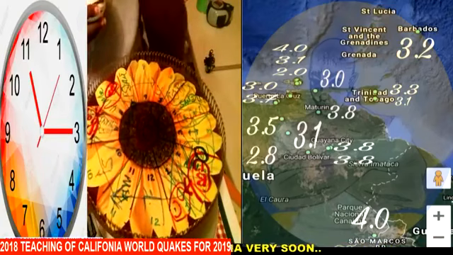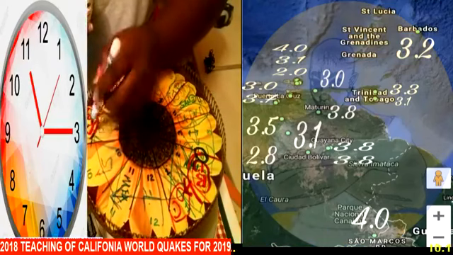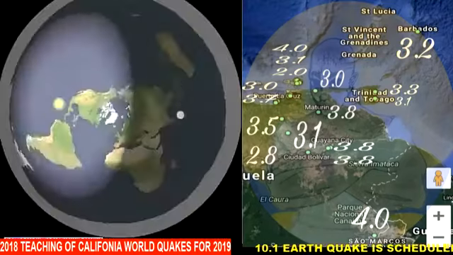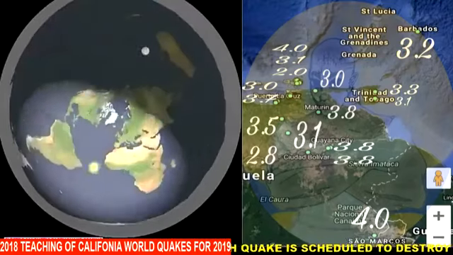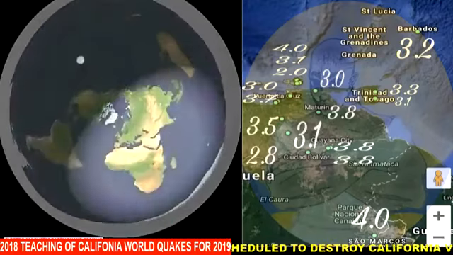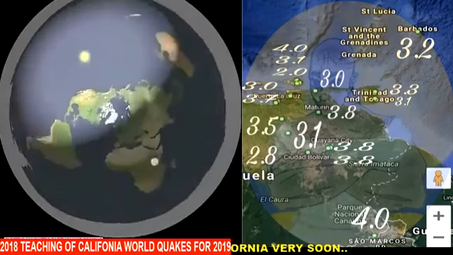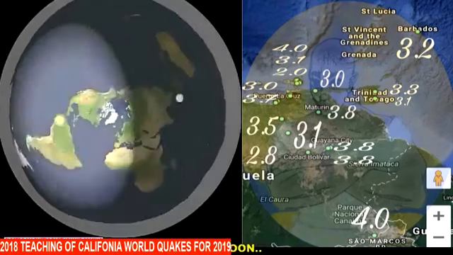The ice barrier is what you're seeing around. The white thing or the gray thing that you're seeing, that is the ice barrier. So there's ice all around the flat earth.